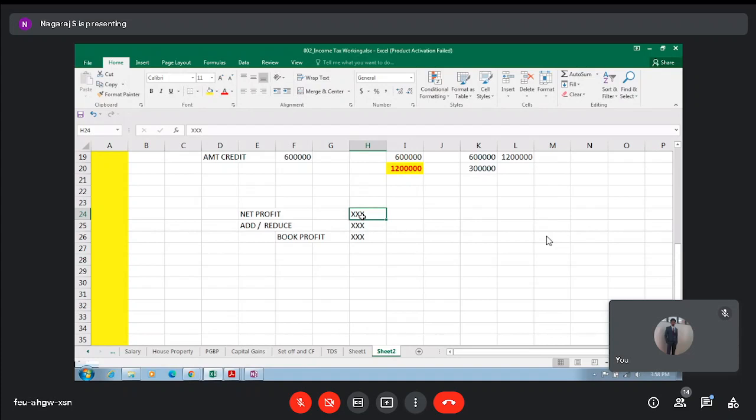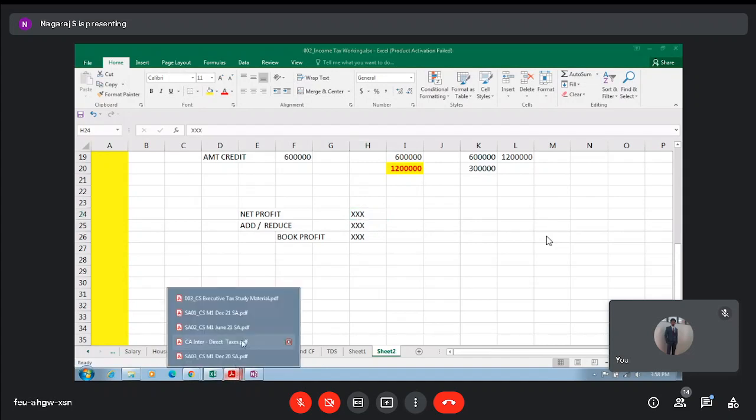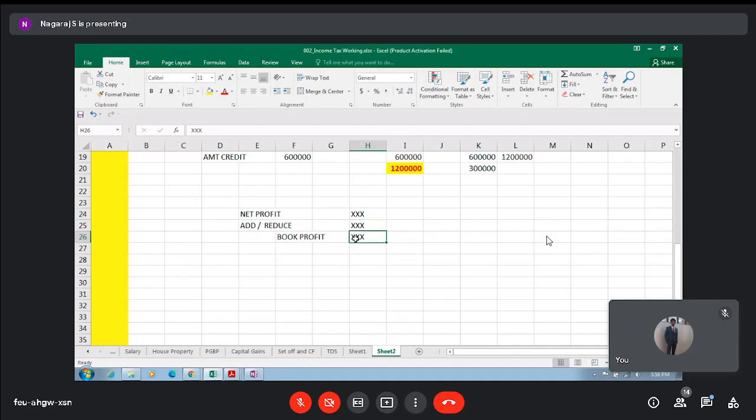I don't think they will give even 10, because it is not that easy to compute. It is not in scope of descriptive answering. That is why they will not give the items. Whatever you get will be the direct book profit.